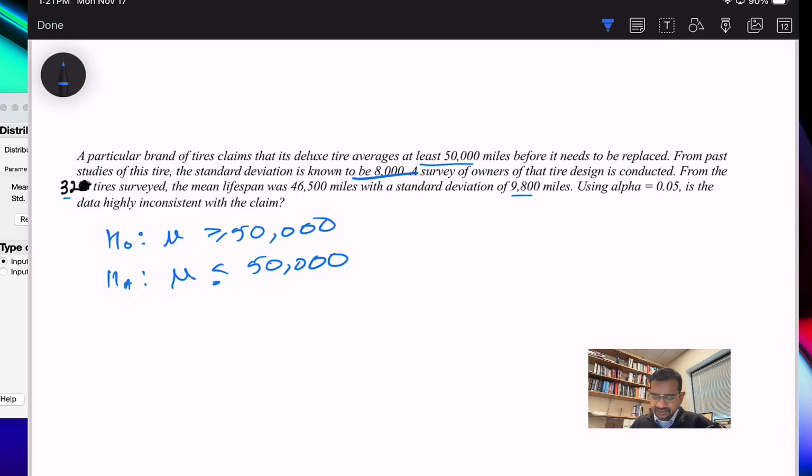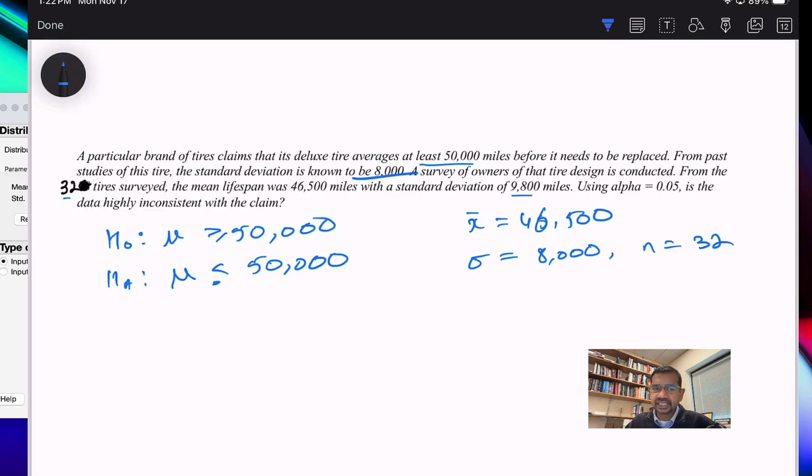The next step is to construct the test statistic. Some of the information that's given to us is that our X bar, or sample mean, is 46,500, our population standard deviation is 8,000, and our sample size is 32 customers that we have surveyed.